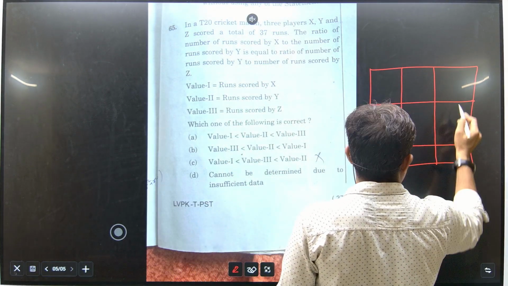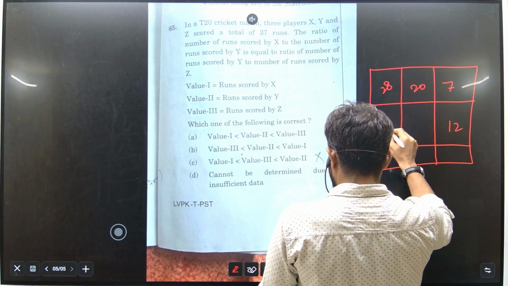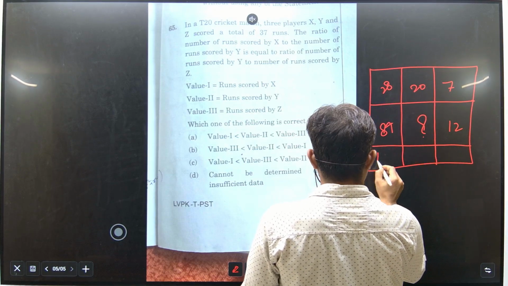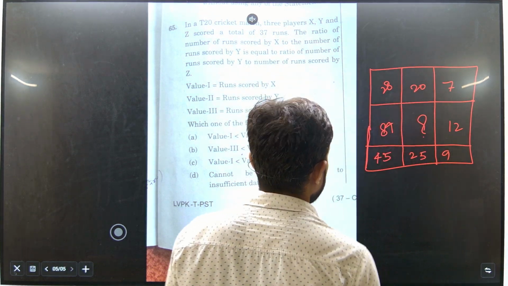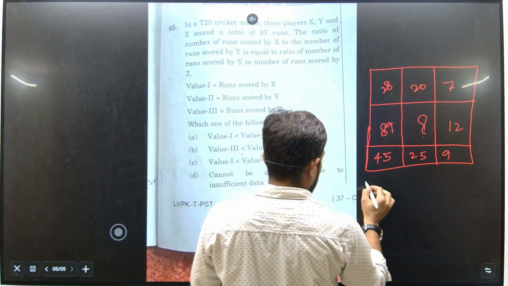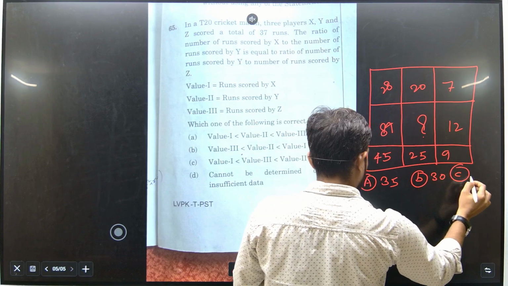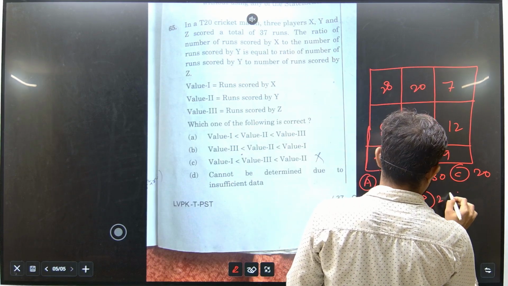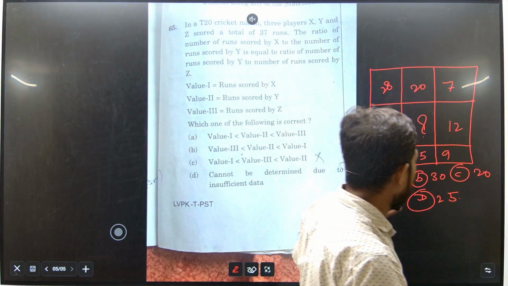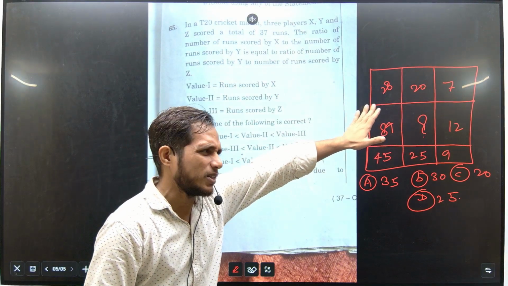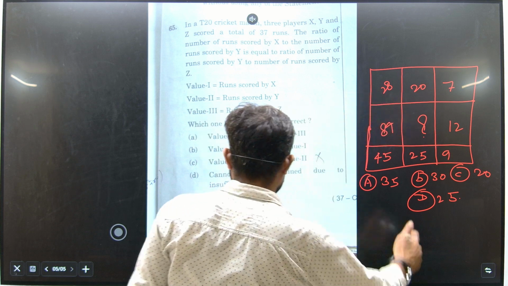So this is 720, 28, 12, 84, 45, 25, 9. Options are A 35, B 30, C 20, D 25. This is a current year Bihar Public Service Commission preliminary question. Let us see how such a question is framed.